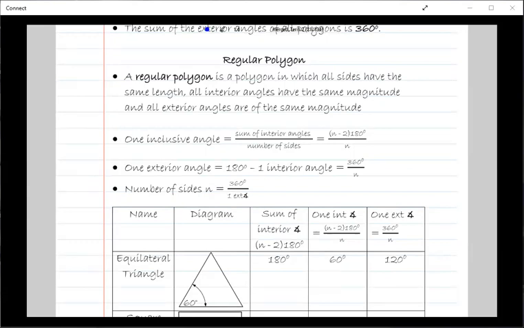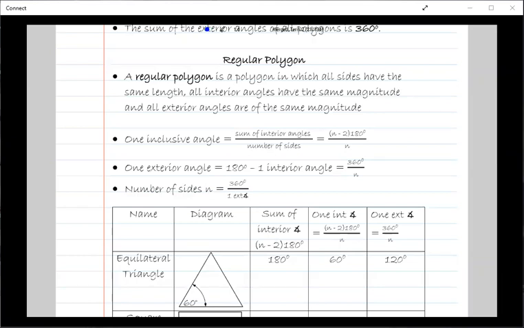Now, a good example of a regular polygon is an isosceles triangle. An isosceles triangle is a regular polygon. All 3 sides, an equilateral triangle. My mistake, not an isosceles. An equilateral triangle is an example of a regular polygon.